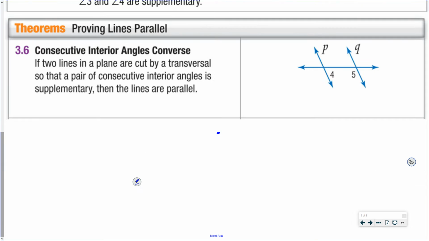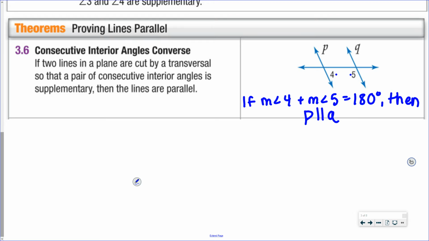So the converse: if we know a pair of consecutive interior angles are supplementary, so in this case, if the measure of angle 4 plus the measure of angle 5 equals 180, then we can conclude the two lines are parallel. In this case, P and Q again. Okay.